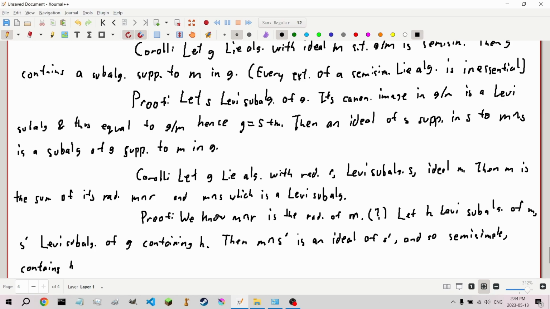It contains H, and so is H. Hence M is the direct sum of M intersection R and M intersection S prime.